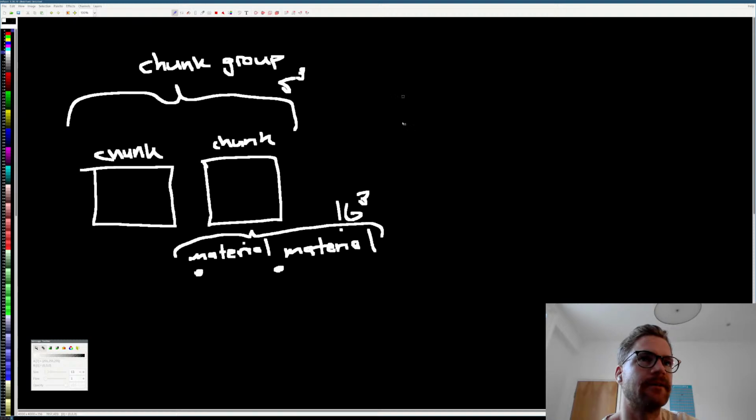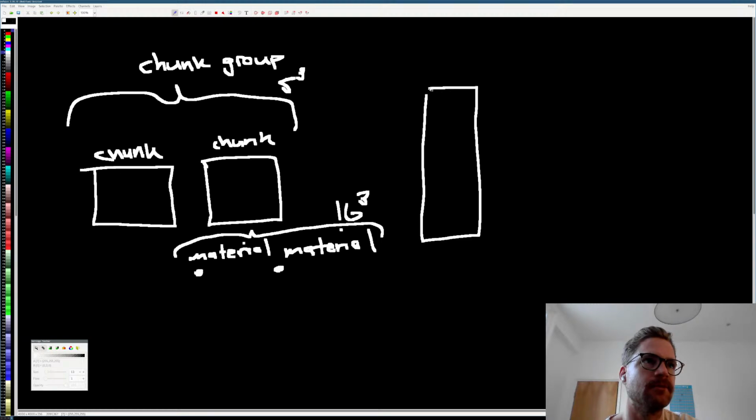It's going to be a bit of a refactor though, so maybe I shouldn't do it now, but I was thinking of having these pillars instead. So a chunk is like a pillar, and then you have some kind of ground level. And then you could have some caves or stuff going on underneath.